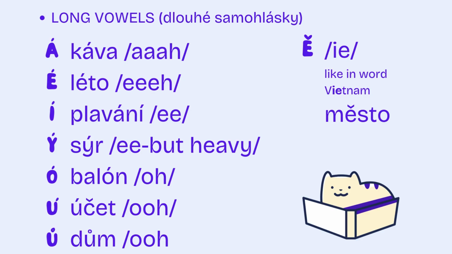Last two might surprise you. Why is there U with two different diacritics? One is a line, one is a circle. Don't worry, they both sound the same. They both sound like long U. However, the one with the line appears when the long u is in the beginning of the word, as here we have the word účet.